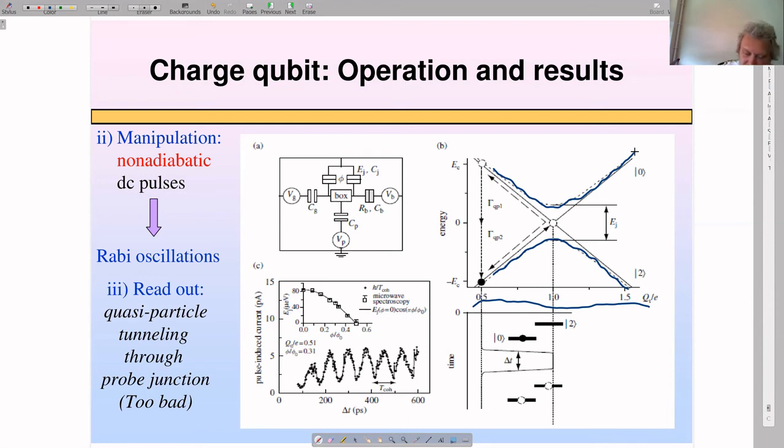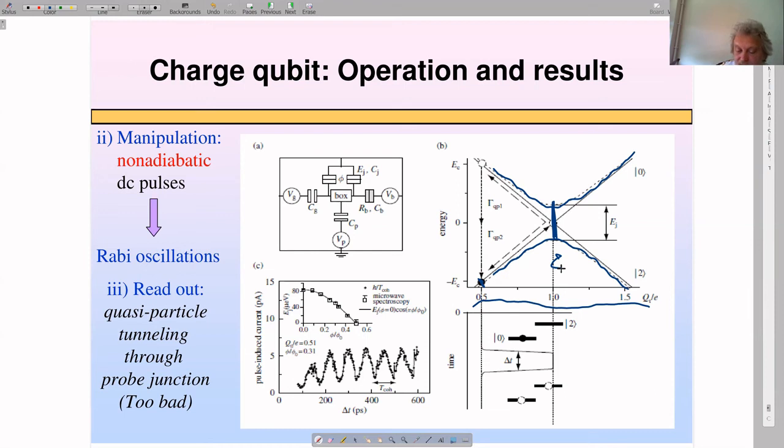Initially, the setting was here. And in this case, the qubit is surely in the state 2. They make a pulse and bring it right to the position of the anti-crossing. What will happen to the qubit? If you did it very fast, it's still in the state 2.